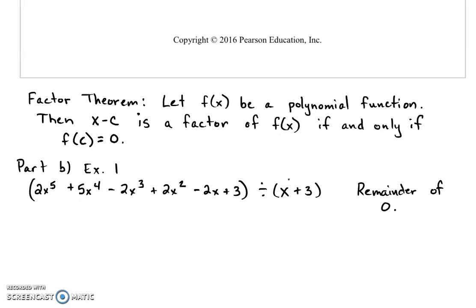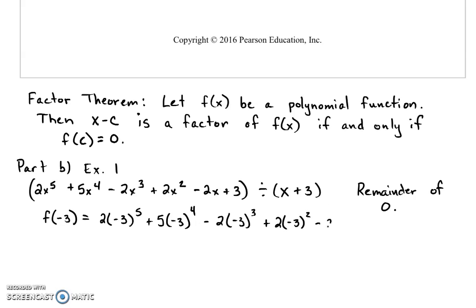So if we plug in -3, because that's what our c here is, and evaluate this function, we get 2 times -3 to the 5th plus 5 times -3 to the 4th minus 2 times -3 cubed plus 2 times -3 squared minus 2 times -3 plus 3.